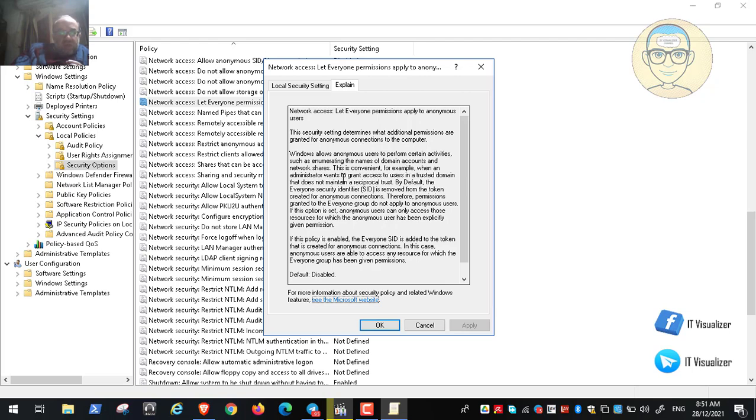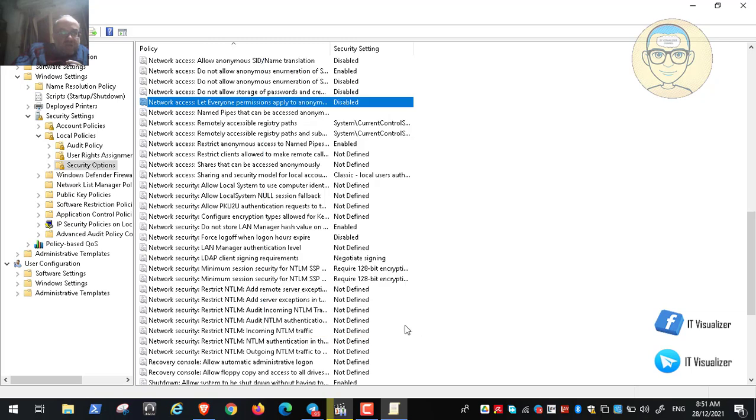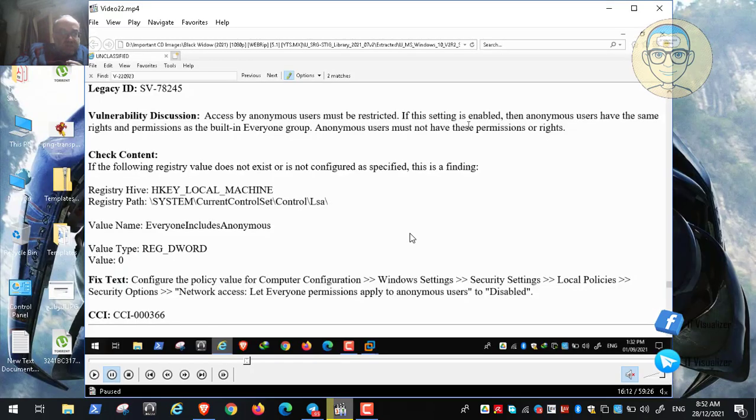When an administrator wants to grant access to users in a trusted domain that does not maintain a reciprocal trust. Okay, he's saying that, as I said before, between two domains that don't have a trust, users in another domain want to access your trusted domain. I think he's talking about this situation. Anyway, we need to disable it.